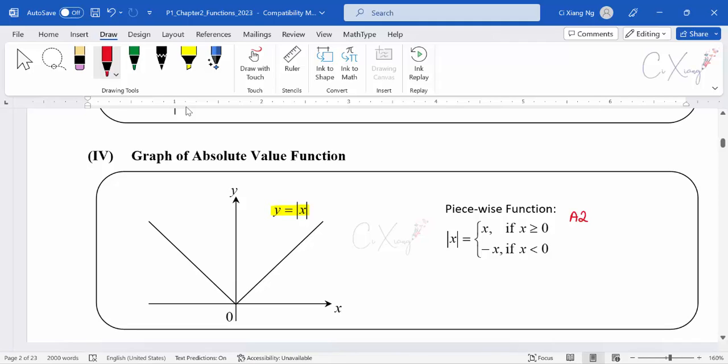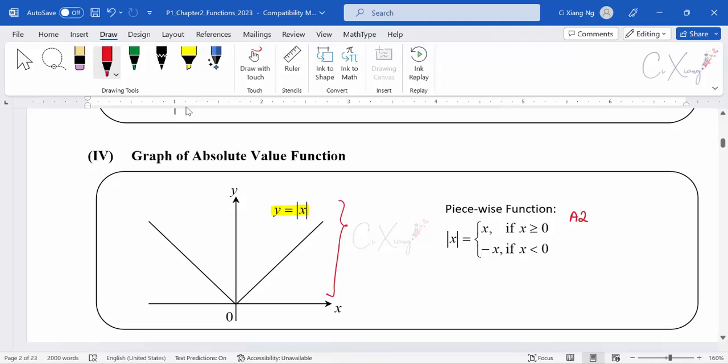Modulus function means that we are changing all the negative values to positive, right? So from the diagram, you can see very clearly that the whole graph is above the x-axis, where y is always a positive value. So it fulfills the definition of the modulus function, because the modulus sign makes all negative values positive.